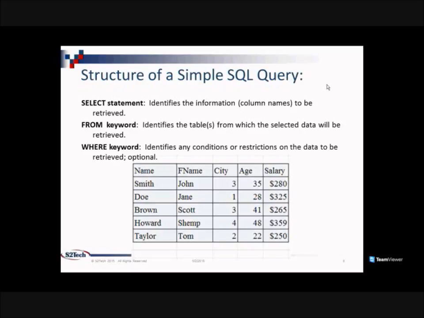And the where keyword identifies the conditions or restrictions on the data that I wish to retrieve. And again, this is optional. So in my example, where I wanted to see information about individuals in this table who were over the age of 30, in that case, I would have a condition in my where keyword that indicates the value in the age column needs to be greater than 30.